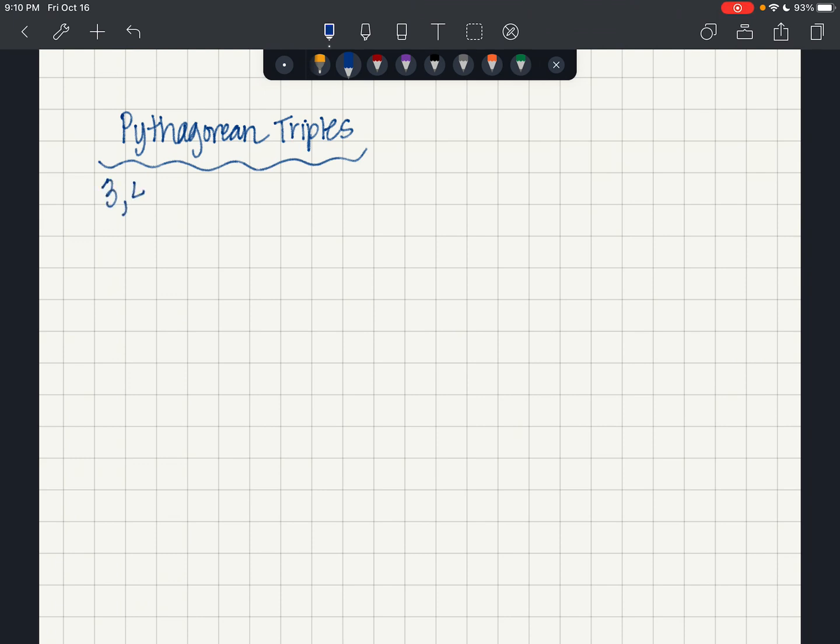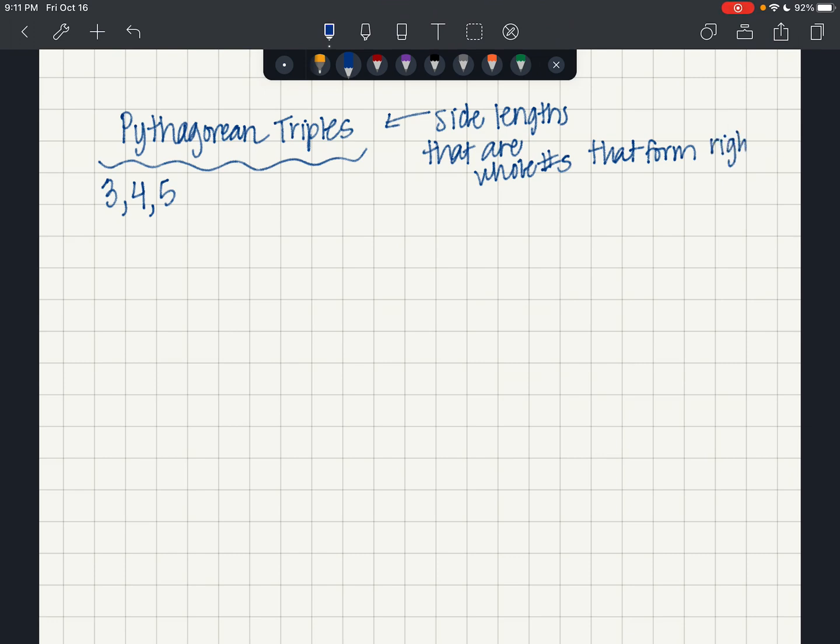Pythagorean triples make a right triangle. They are side lengths that are whole numbers that form a right triangle.